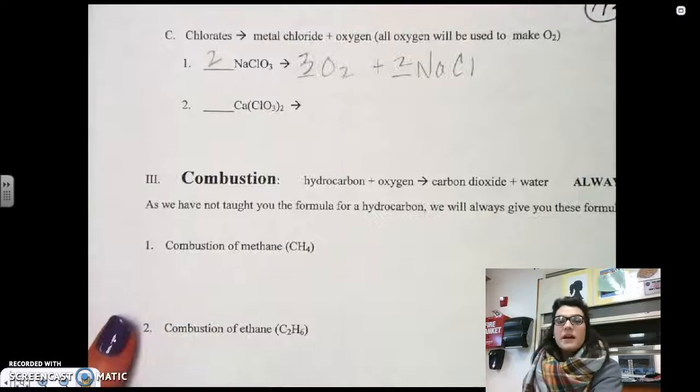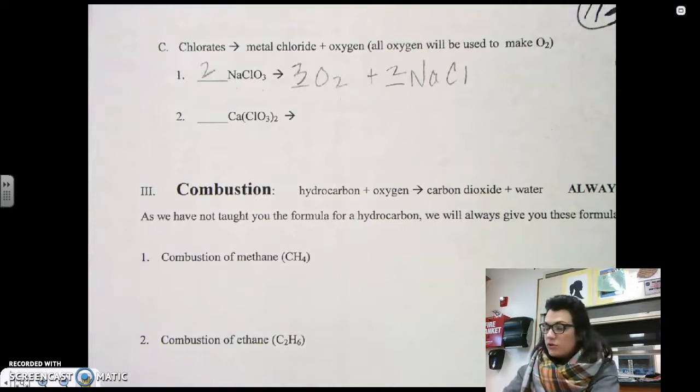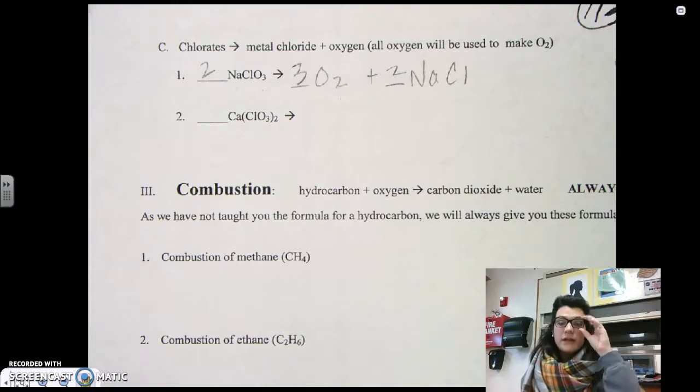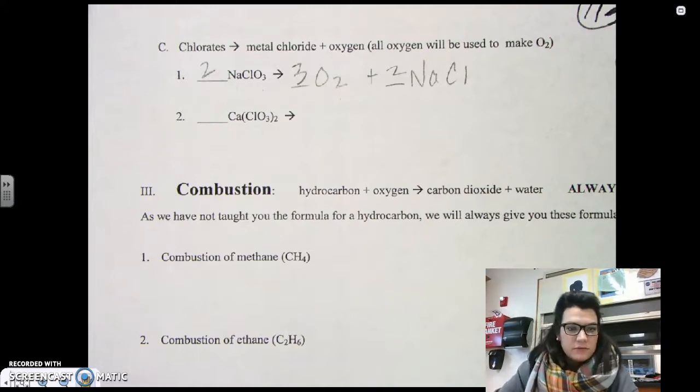Next one, the decomposition of calcium chlorate. I'm going to take all of the oxygen and turn it into O2, and my metal chloride is going to be calcium chloride.